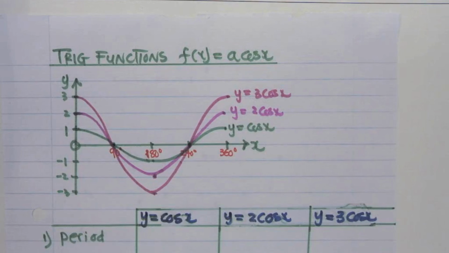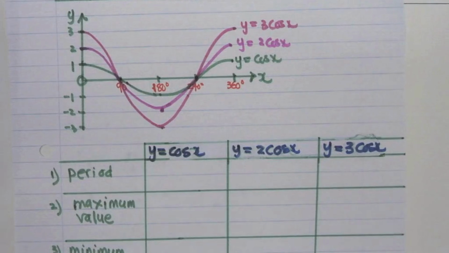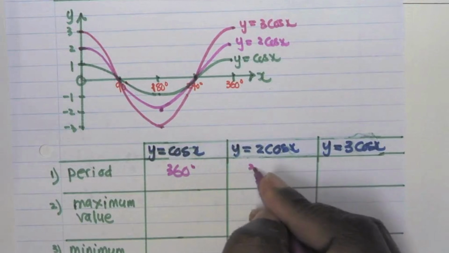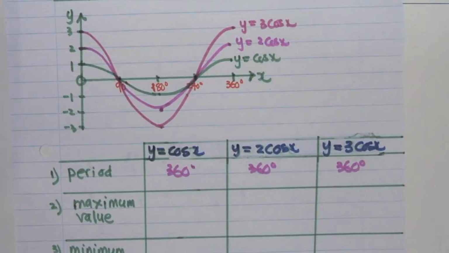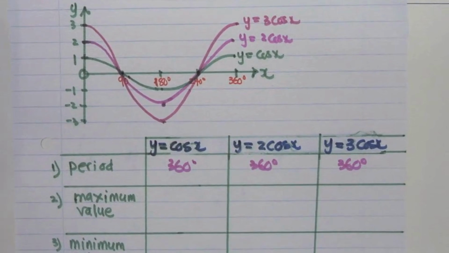Having drawn our 3 graphs, we now need to complete the table below. The first part, we need to find the period for each graph, and the period for each graph is going to be 360 degrees. In other words, each graph is completing a full cycle after 360 degrees.